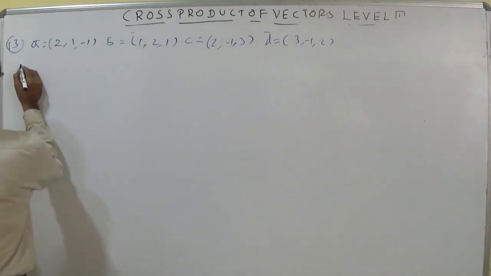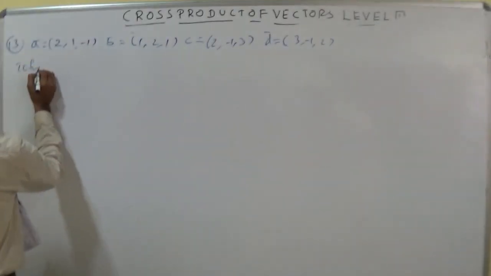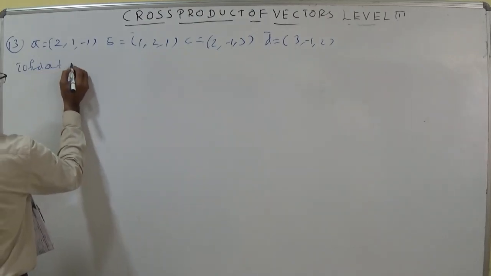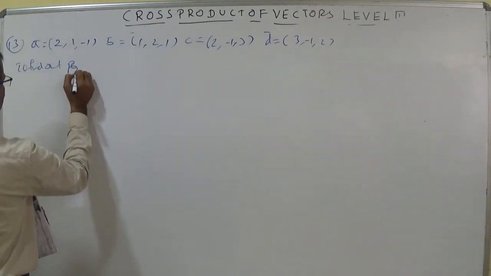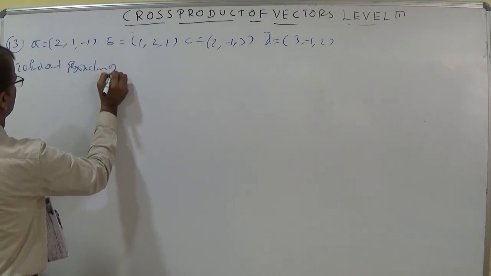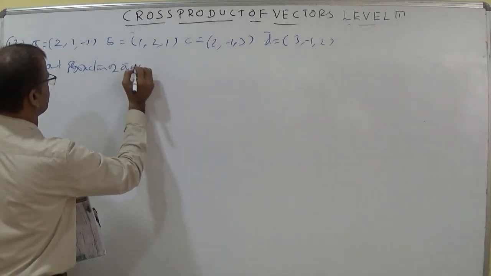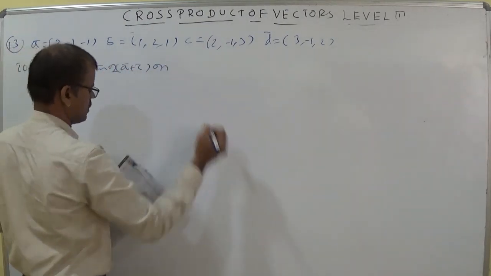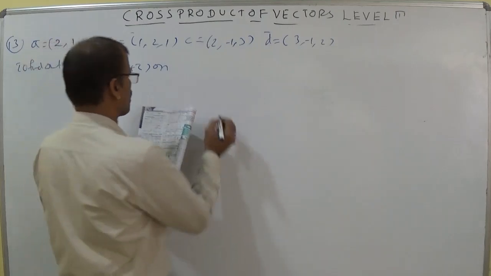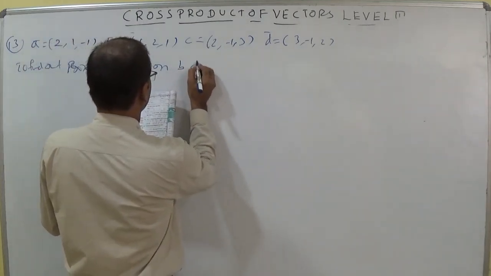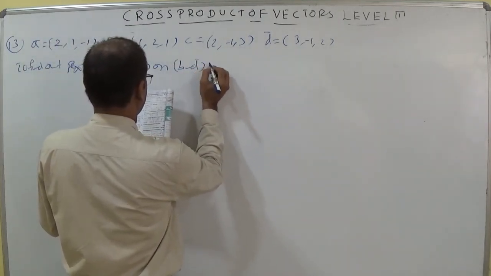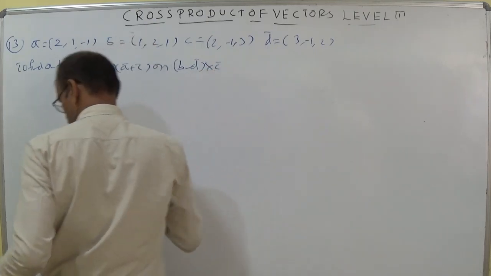To find out the projection of A bar plus C bar on the vector B bar minus D bar cross C bar.